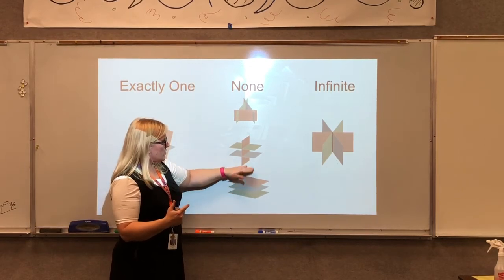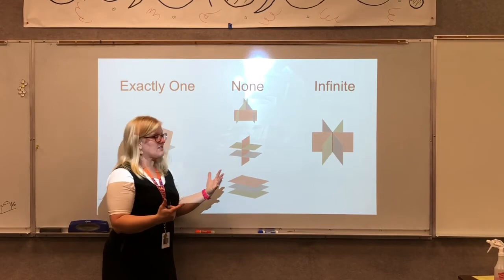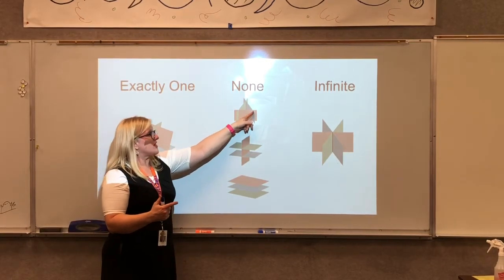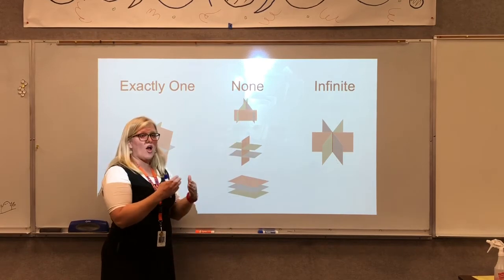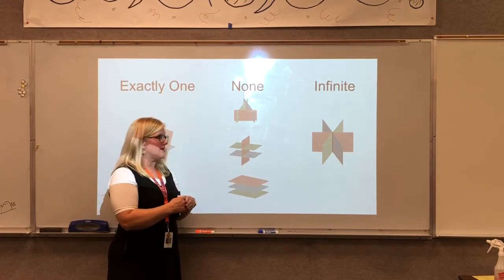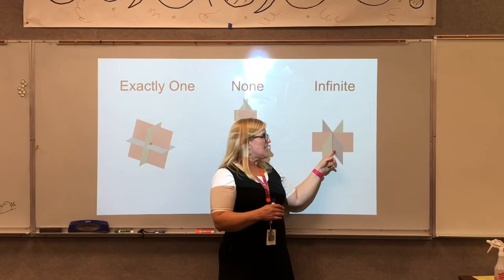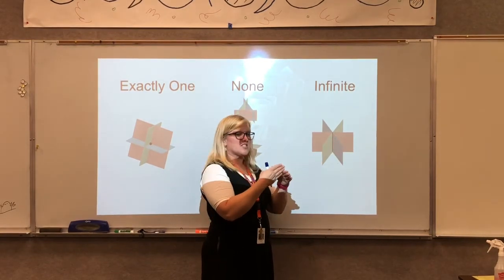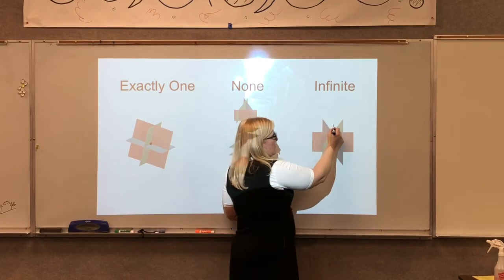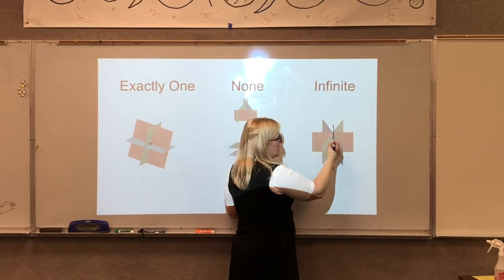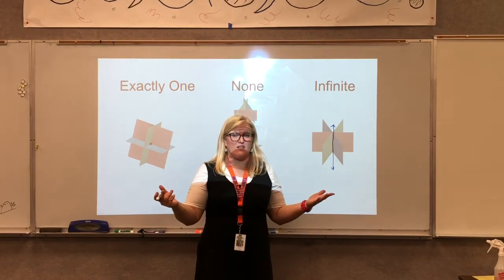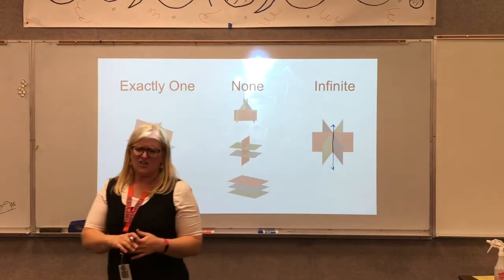There are no solutions. This one's a point. This one, a couple of them might have the same lines in them, but not all 3 of them have the same line. This one is if all three of these planes intersected with each other and their solution is a line. It's every single one of these. And so that one goes on forever. Well, these are kind of cool pictures.